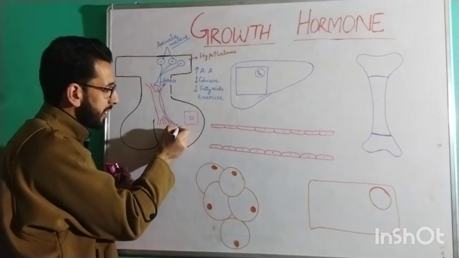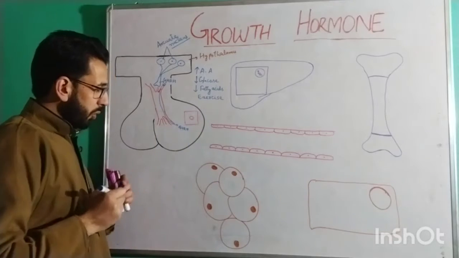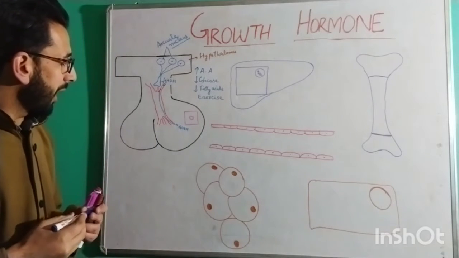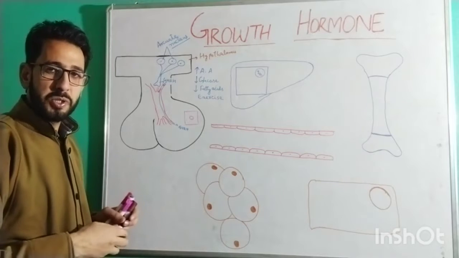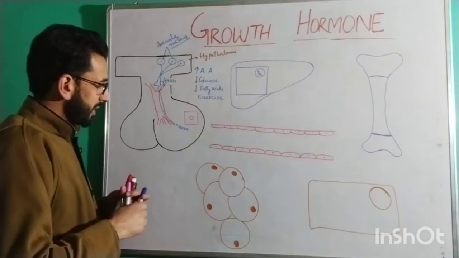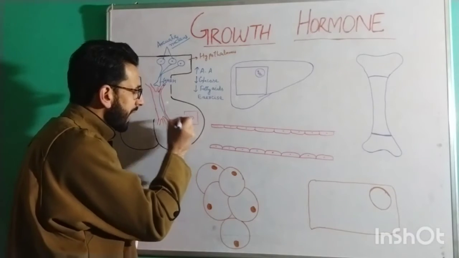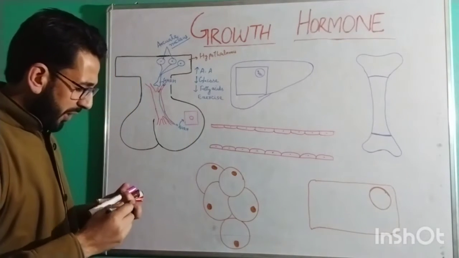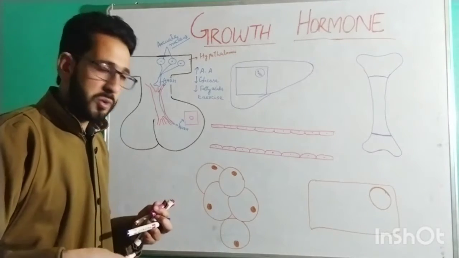Now here is the growth hormone releasing hormone, and through the hypophyseal portal system it reaches the anterior pituitary gland, and in the anterior pituitary it acts on a special cell. We have already discussed that cell in the class on the pituitary gland.